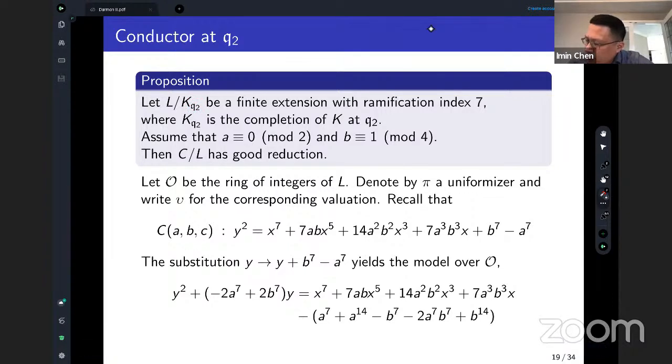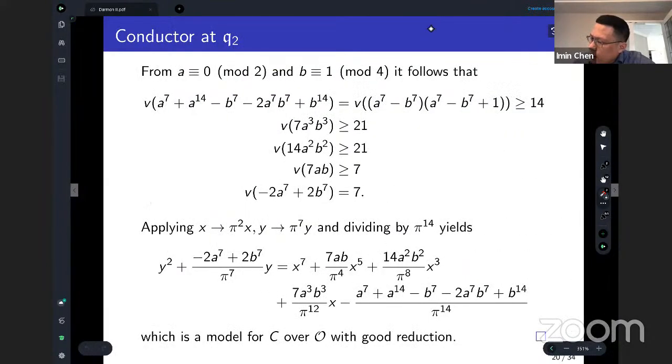What we want to show is that over this extension, this hyperelliptic curve has good reduction. We also assume some mild congruence conditions, because we can always arrange the solutions to be in this case. So we make this translation. Under these two-adic conditions on the solutions, the valuations of the coefficients of the model are large.